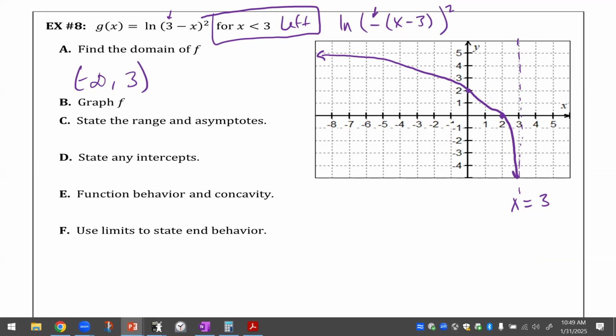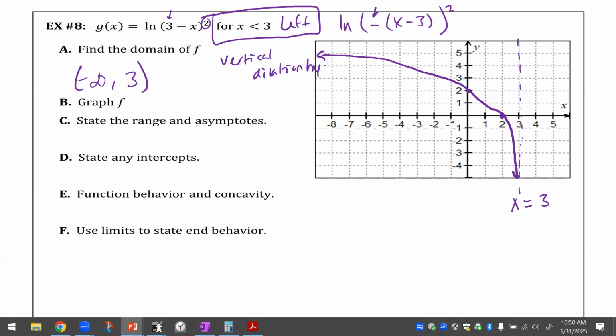Now, the reason why this works like this is the square. The square is the whole reason. That square is also acting as a stretch because remember the log property rule, the power can also be your coefficient, correct? So the power can be your coefficient, which is why it's stretched. So looking at this transformation, it is a vertical dilation, and that's because of this little 2 here.